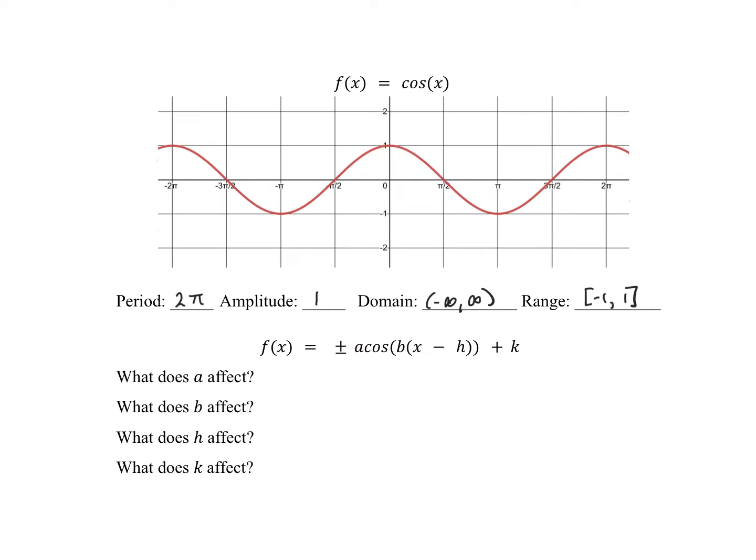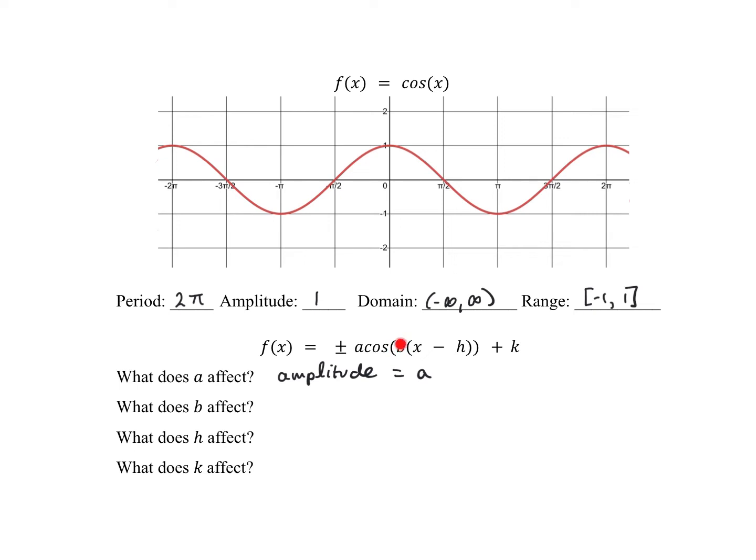So that would affect the amplitude. So the amplitude is essentially going to be whatever the a value is. So just remember that our amplitude, or that a value, is always positive. If there's a negative out front, that's just a different transformation.